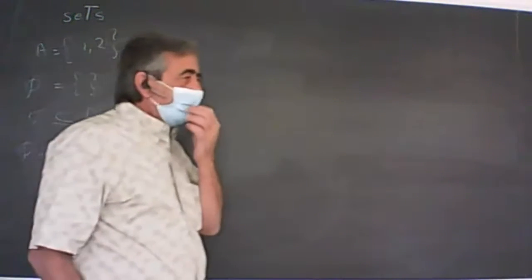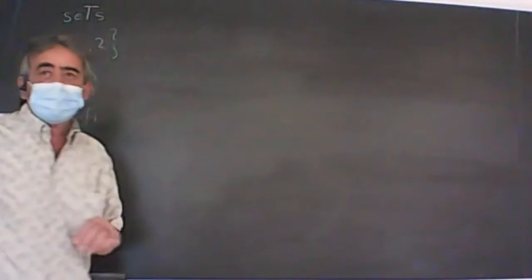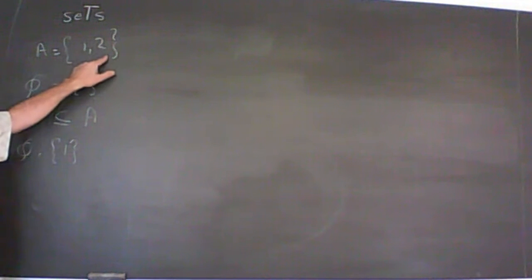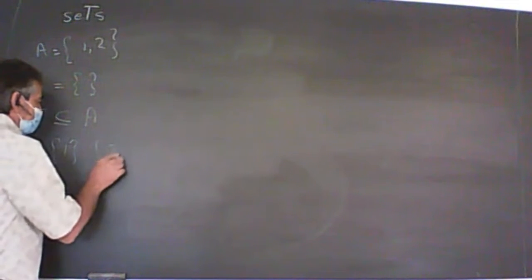The next subsets of A would be subsets that contain one element. So for instance, I can say the set that contains the 1 element is a subset of A. Yeah? Because 1 is in here, I can find it right there. I can make another one-element set with a 2, yeah?